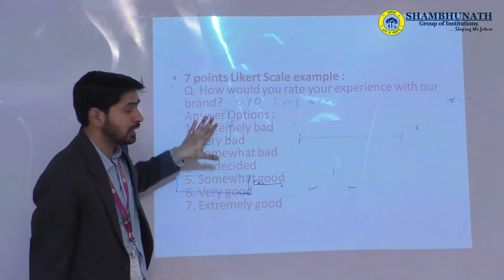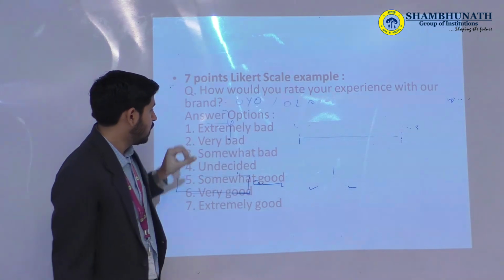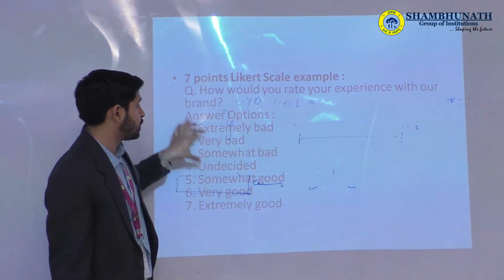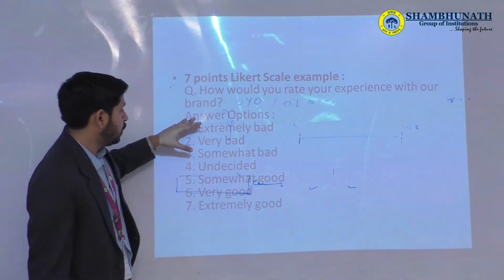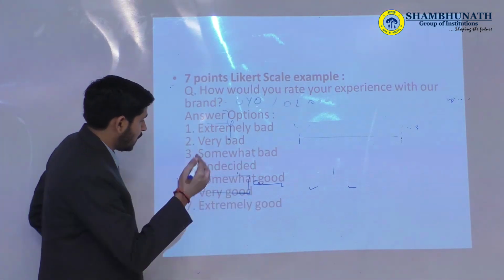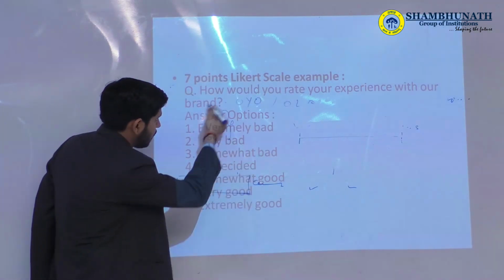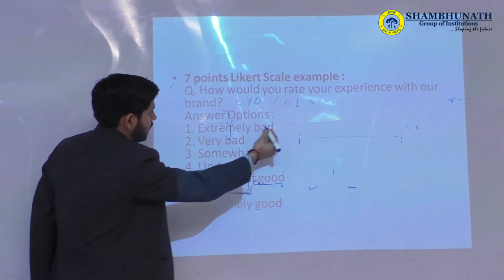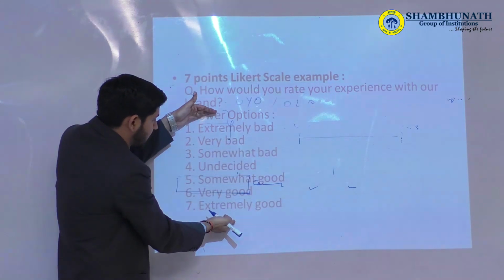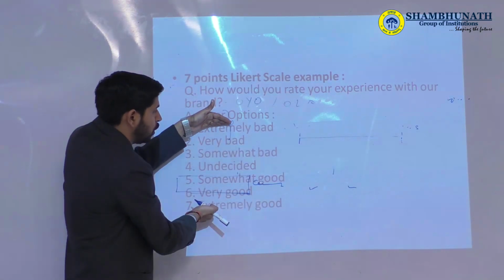You cannot say yes or no. The reason we are not using an option of yes or no is that there are some things we cannot capture, like with this 7-point Likert scale. These are the two polarities, extremely bad to extremely good.